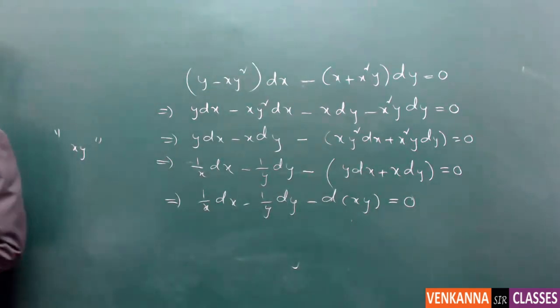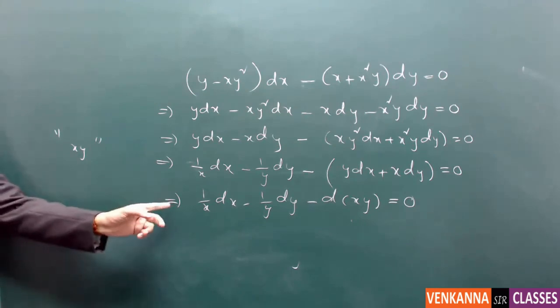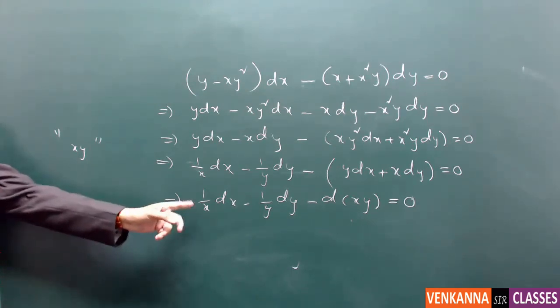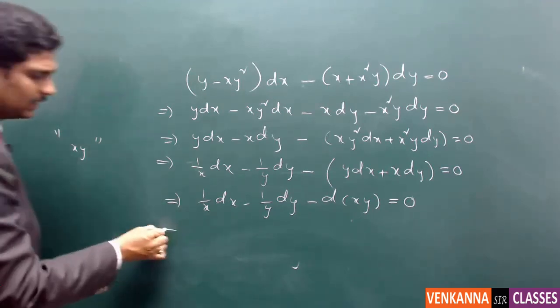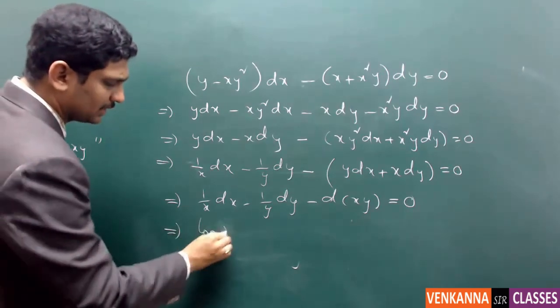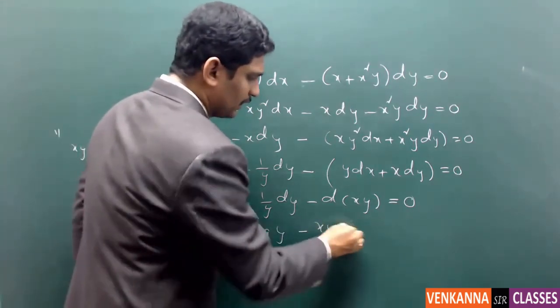If you divide with xy, you are going to make it integrable, with each variable and its corresponding differential existing side by side. So if you integrate, its value is log x minus log y minus xy equal to c.